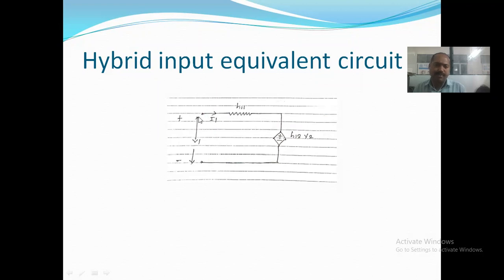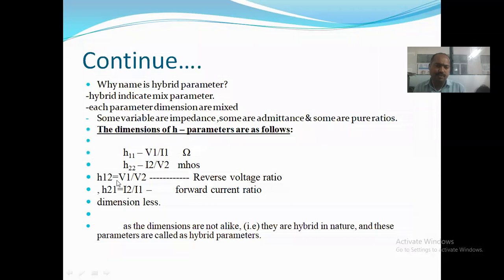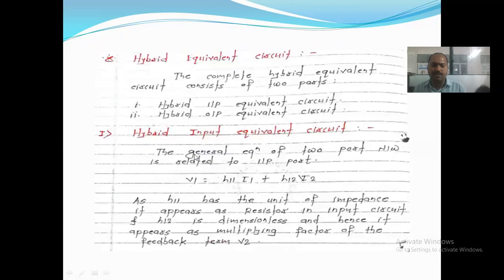Okay, H11 I1 झालं. Okay, see plus equation H12 V2, right? H12 means what? H12 is the ratio of V1 upon V2. It is nothing but a pure voltage ratio, right? Pure voltage ratio. So it doesn't have any unit.